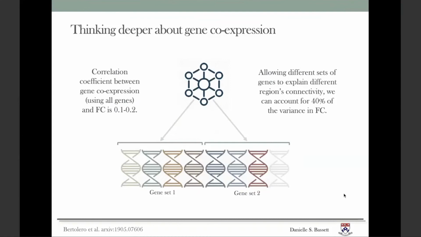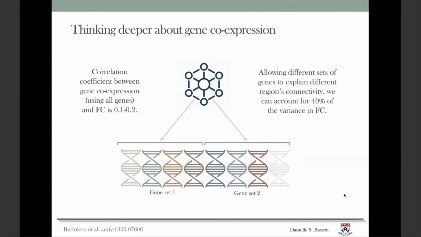However, if instead you allow one set of genes to code for one particular node's connectivity or one edge, and another set of genes to code for another edge or another node in the network, then you can actually get much higher. And in fact, what we have done in this paper from Max Berlero that's on arXiv as a preprint, we've asked, are there sets of 50 to 200 genes that together account for functional connectivity of a single brain region?